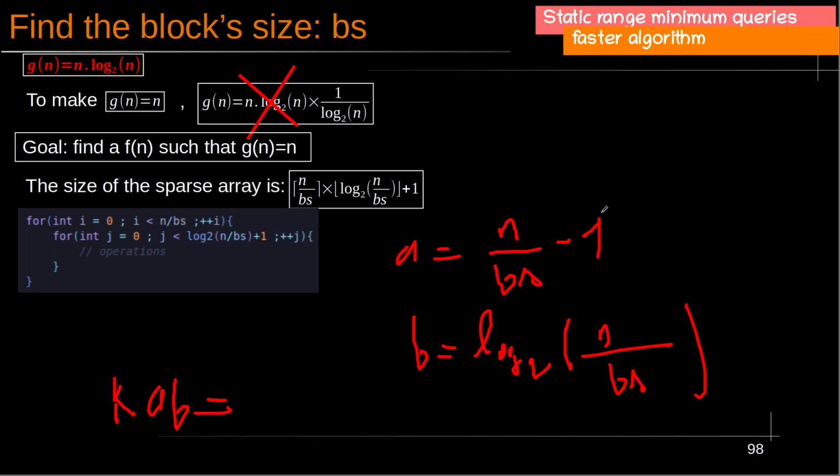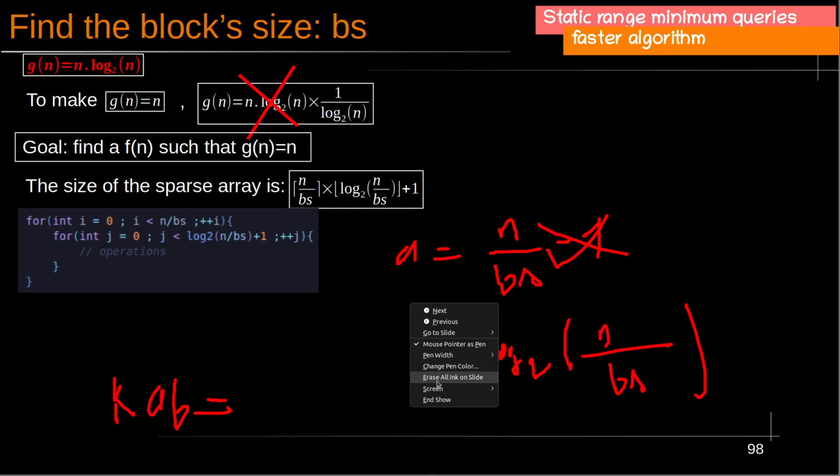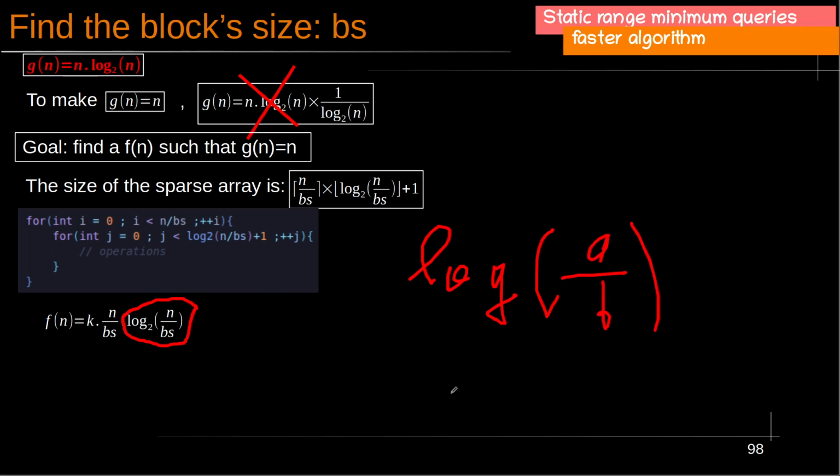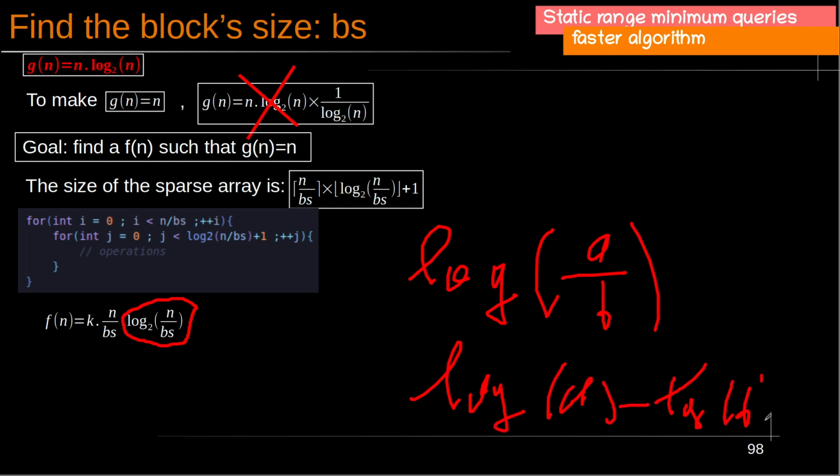But here, guys, I'm going to assume that this minus 1 does not exist. This will lead us to the same result, for the simple reason of simplifying the calculation. So our fn will be equal to k times n over bs times log base 2 of n over bs. For this expression, we can use the logarithm property that says log of a over b is equal to log a minus log b.